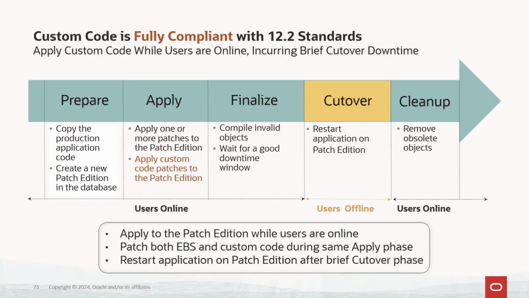So if you choose to make your custom code fully compliant with those standards and to build out patches that are like the delivered e-business suite patches, then you can apply your custom code patches to the patch edition during the standard apply phase, perhaps alongside your e-business suite patches. And then the cutover period will be completely unaffected by the fact that you've added your own custom code patches.